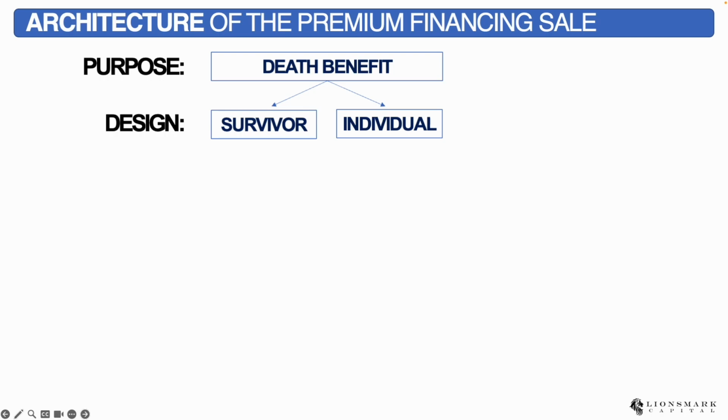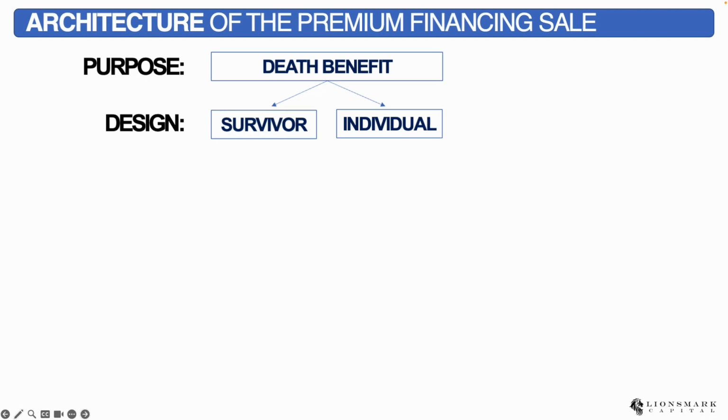But when you're doing a survivorship policy, for those of you that I may be preaching to the choir here, but if you're not familiar with this concept, the death benefit pays out after the second spouse dies. So this becomes extremely important to clarify with the client to make sure that the purpose of the death benefit is not at all in any way, shape, or form for the surviving spouse, because the surviving spouse after the first spouse dies would get zero death benefit out of a survivorship-based policy.